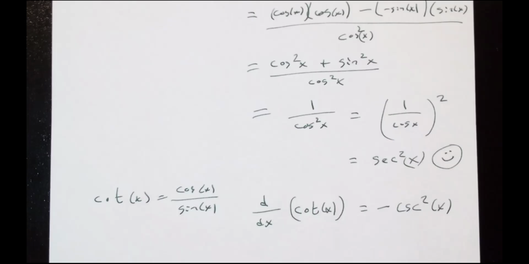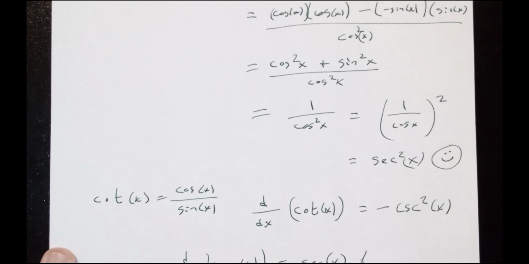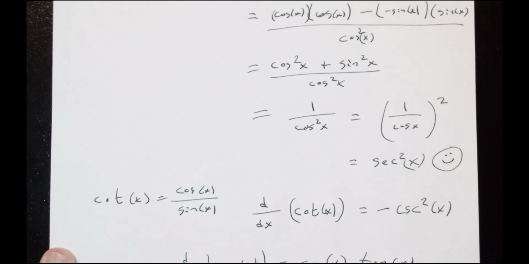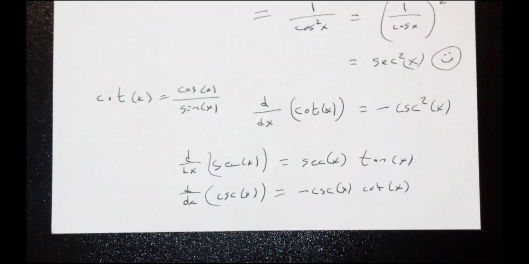I can do the quotient rule. Cosecant is 1 over sine. I can do the quotient rule. The derivative of secant of x is secant x tangent x. The derivative of cosecant of x is minus cosecant x cotangent x.